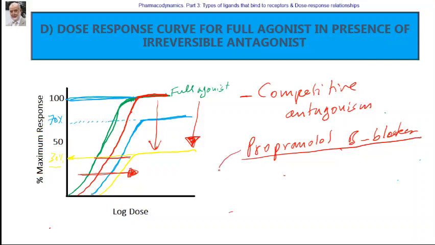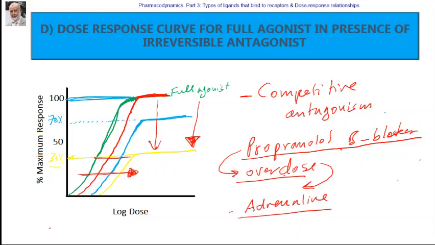So if I give an overdose of propranolol, I can overcome it by giving an agonist, for example, adrenaline. It's not usually common practice, but at least it explains my point. So in competitive antagonism, I can reverse the toxicity of the antagonist by giving an agonist.